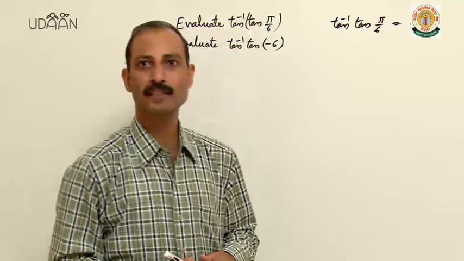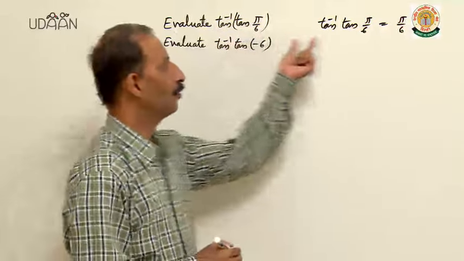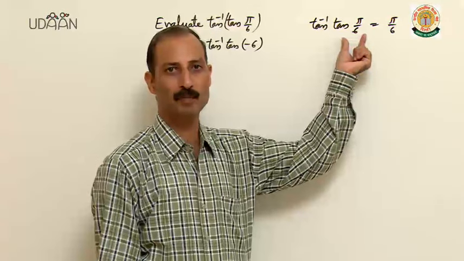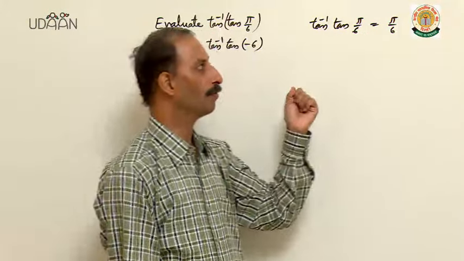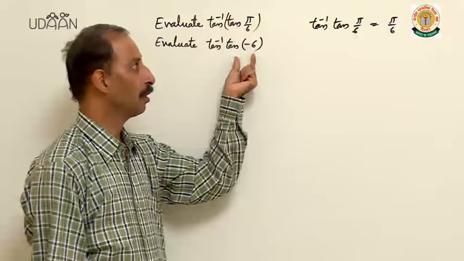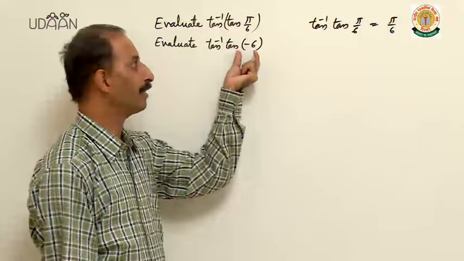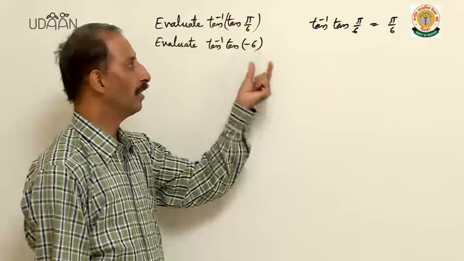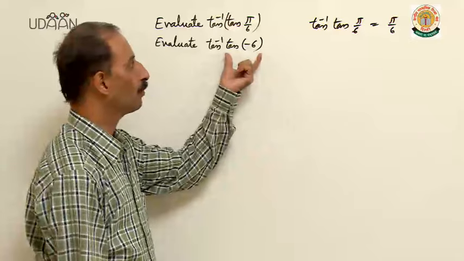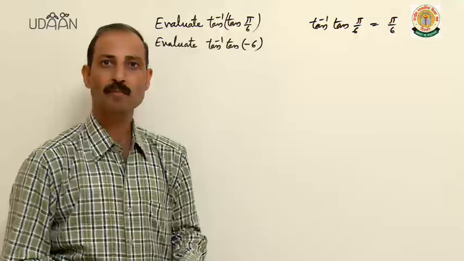The condition is that this value pi by 6 should lie between minus pi by 2 and plus pi by 2. Now we have to find the value of tan inverse tan of minus 6. But here, minus 6 does not lie in the interval minus pi by 2 to plus pi by 2. So its value we can't write as minus 6.